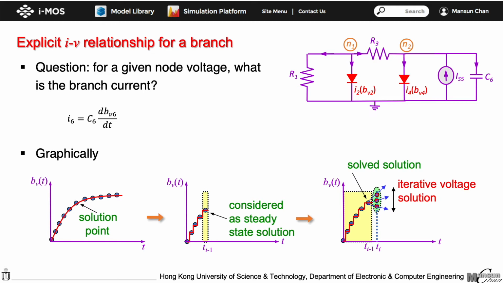With an iterative guess for the branch voltage value, the currents will be given by the time derivative associated with the presented voltage at time Ti. Therefore, to calculate the branch current, it is the same as to find the time derivative of the branch voltage at time Ti.